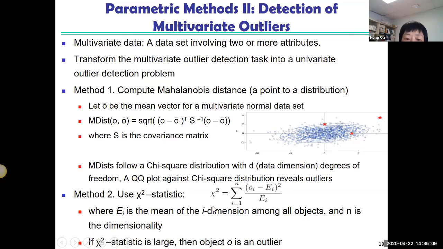The greater the chi-square, the higher chance the object is an outlier. You can order your chi-square statistics and take the top X as the outliers.